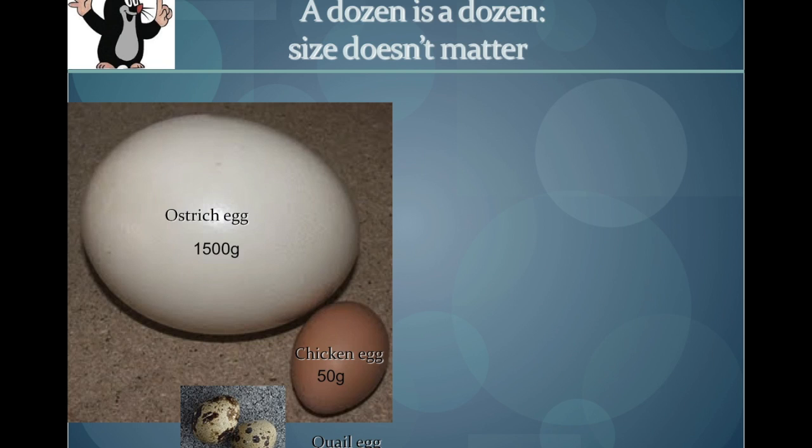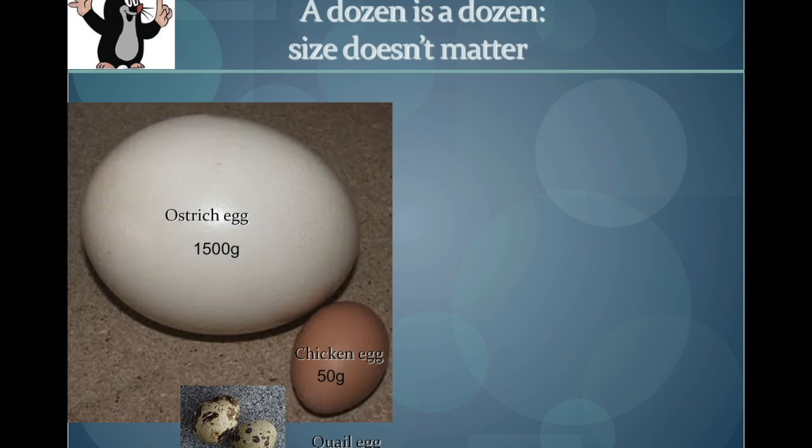I want to emphasize here that when we're talking about an amount like a dozen or a ream or a mole, size doesn't matter. If you have a dozen eggs, you could use a dozen to describe 12 quail eggs, which are 10 grams, 12 chicken eggs, which are 50 grams, or 12 ostrich eggs, which are 1,500 grams.